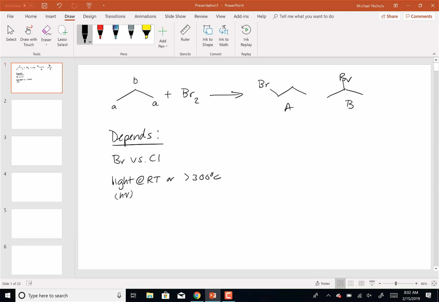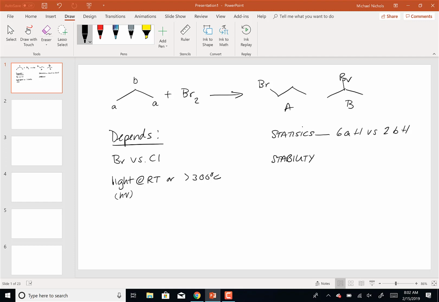So last time we basically brought it down to two competing things. What I call statistics, and then, for lack of a better word, I'll call stability. Statistics meaning that there are 6 A hydrogens versus 2 B hydrogens in this reaction.